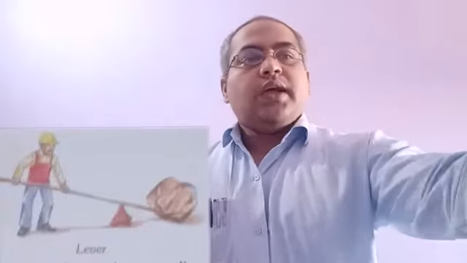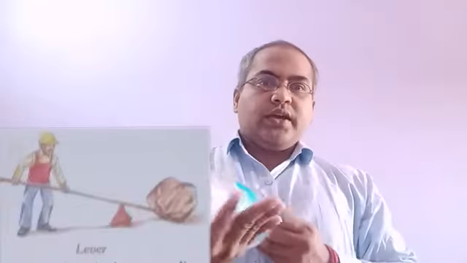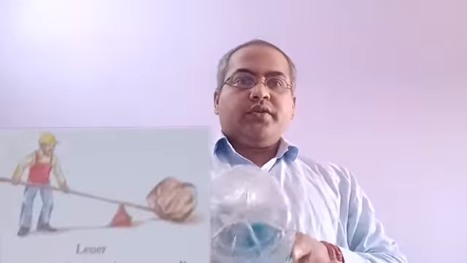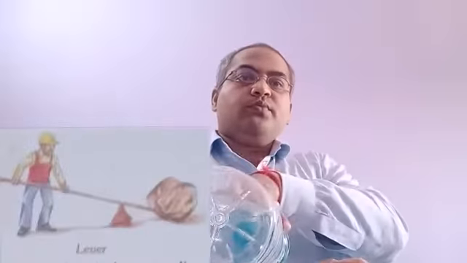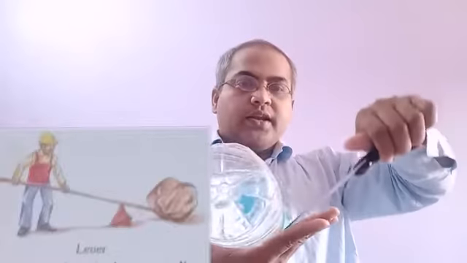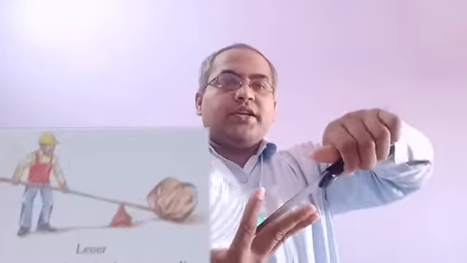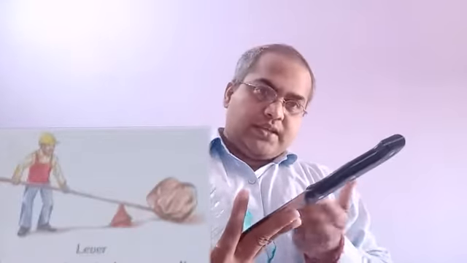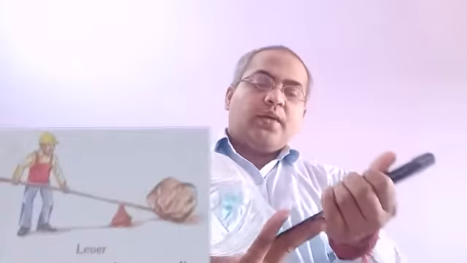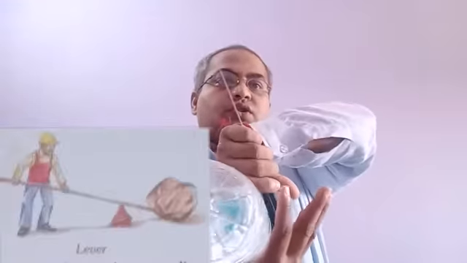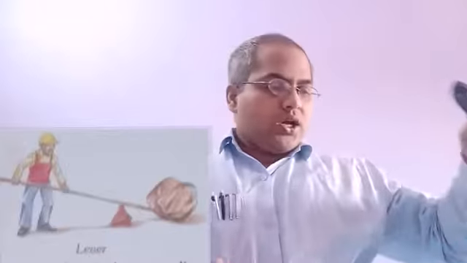Suppose this heavy bottle is here and I want to move it. Suppose it's a very big stone, I want to move it, but I am not able to move it. So what will I do? I will take a rod and put it here and then start pushing it, keeping it on a support, and I keep pushing, so gradually I am able to move it.